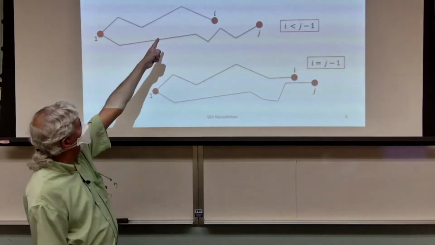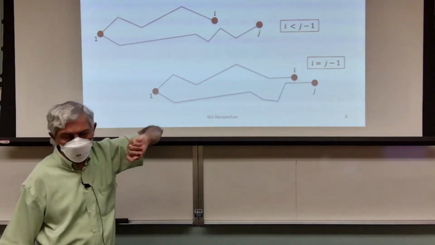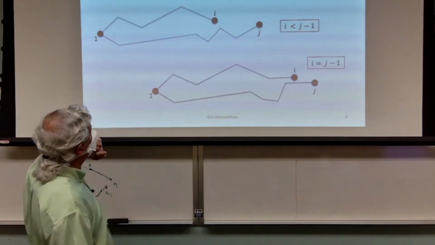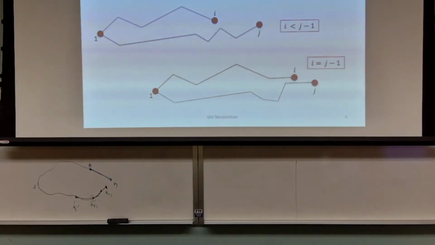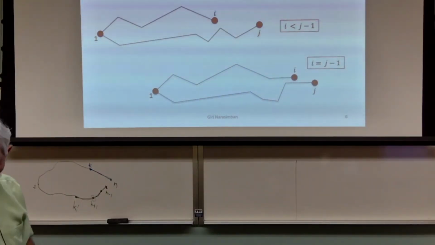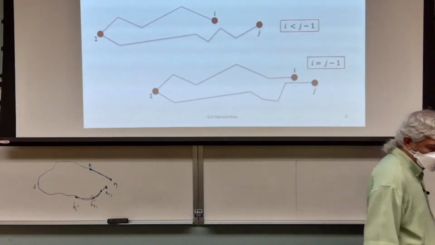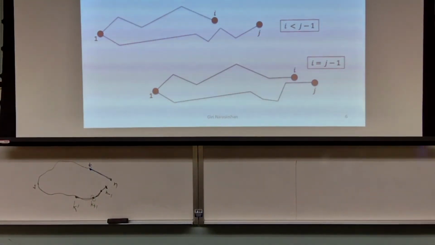And that's why I do a minimum over all possible values of k, going from 1 up to, I shouldn't say j minus 1, that should have been j minus 2. Sorry. I need to fix that. I just will do it now, otherwise I'll forget.